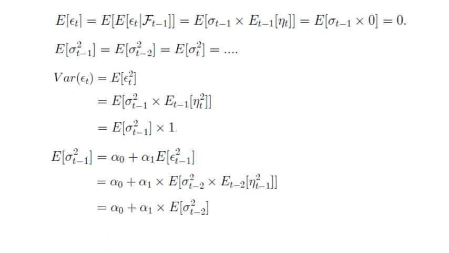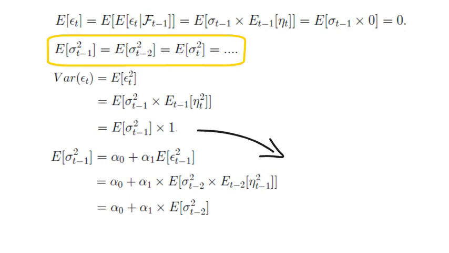And now here we use the stationarity of epsilon, which implies that the expectation of sigma squared t minus 1 needs to be the same as the expectation of sigma squared t minus 2. We combine that with the previous insight that the expectation of sigma squared t minus 1 is simply equal to the variance of epsilon t.